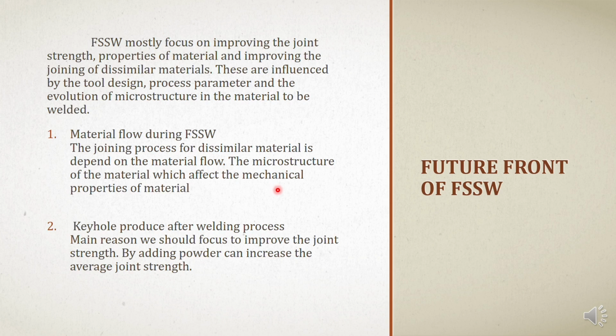For the welding process, we want better mechanical properties, so we have to study the temperature required for material flow and other process parameters for this material flow to increase the mechanical property of the material. The next one is the keyhole produced after the welding process. This is the main concern because it will reduce the joint strength, so we should focus on improving the joint strength at the keyhole.